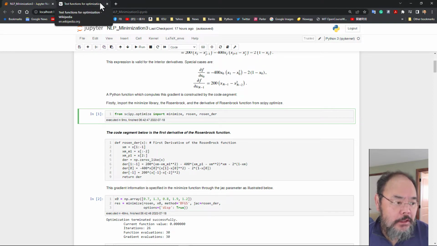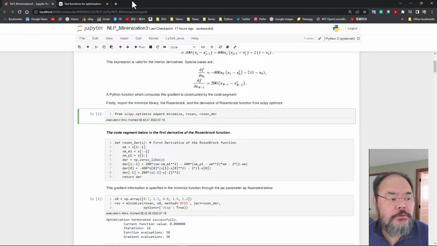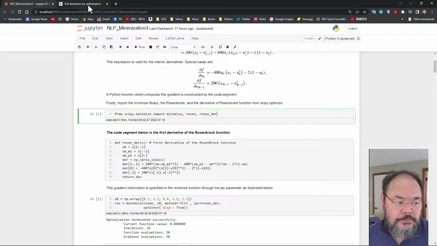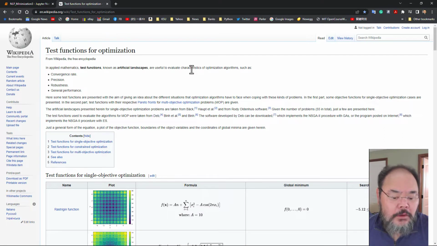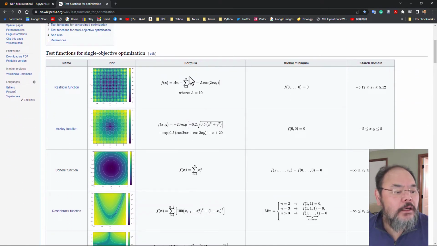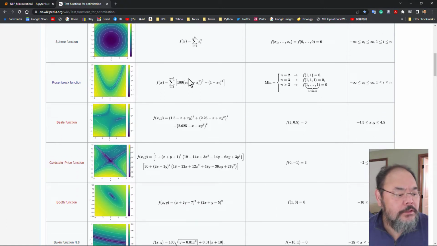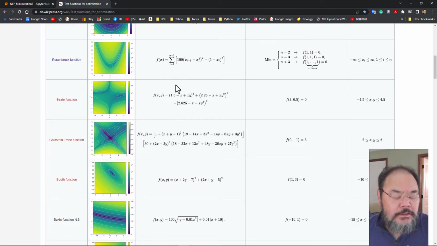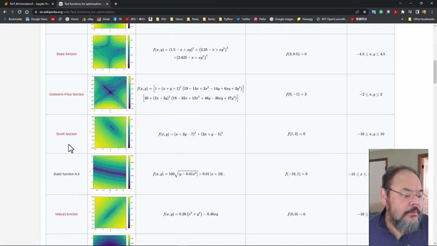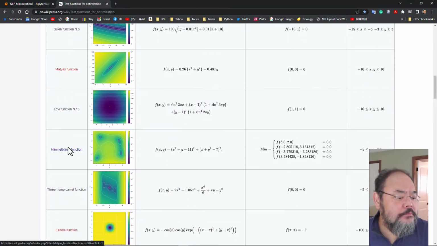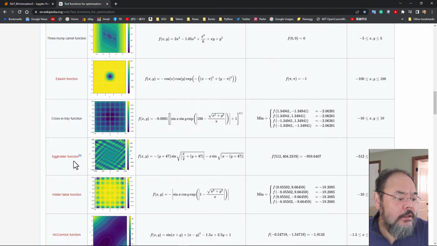You may ask what the usual popular test functions are for nonlinear, linear, and constrained optimization. There is a Wikipedia page you can refer to, called Test Functions for Optimization. It lists all kinds of functions that are popular for testing your optimization algorithms: the Beale function, Goldstein-Price function, Booth function, and one that is pretty popular as well, called the Eggholder function.